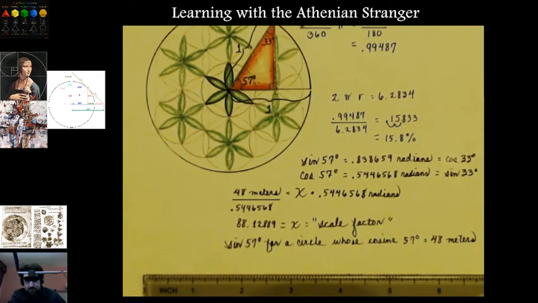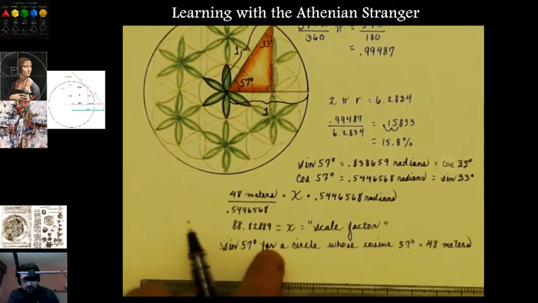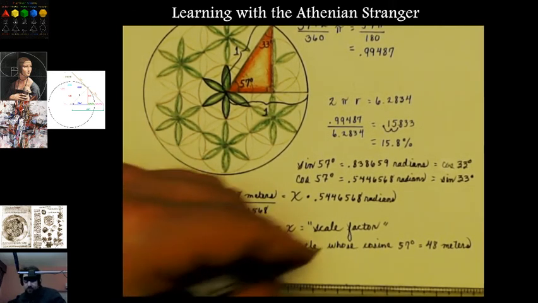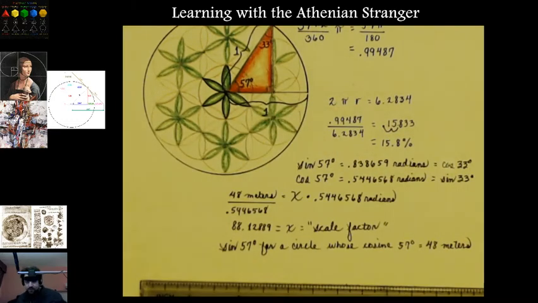Think about it like that, because that's what we know. We know 48 meters. The sine of 57 for a circle whose cosine of 57 degrees is 48 meters.